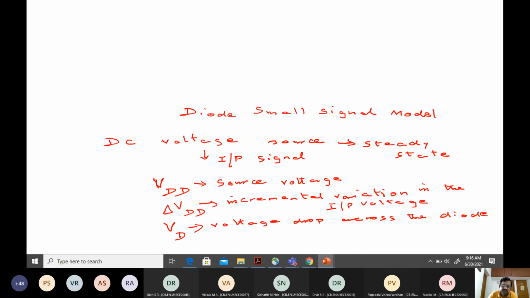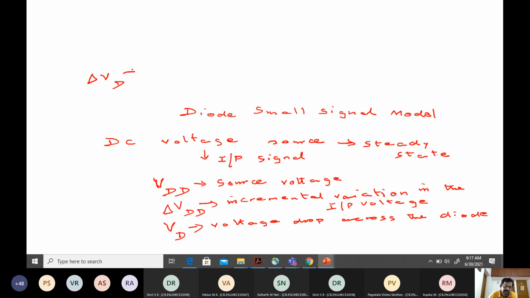Now, because of this incremental variation in the input voltage, there will be a corresponding output variation, the voltage drop across the diode, and I represent that as delta VD. To distinguish from the diode voltage drop, since diode also starts with the letter D, whenever we write capital DD subscripts, that corresponds to the input. When we write capital V, capital D, that stands for the diode voltage.